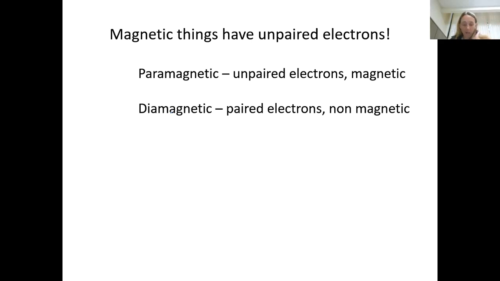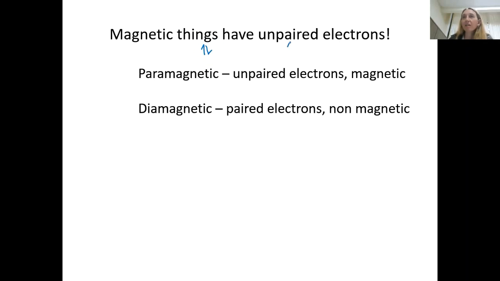So a few vocabulary words that I just wanted to talk through in the last 5 minutes is about whether electrons are paired or unpaired. Paired electrons mean that in one orbital, the box is all the way full, right?